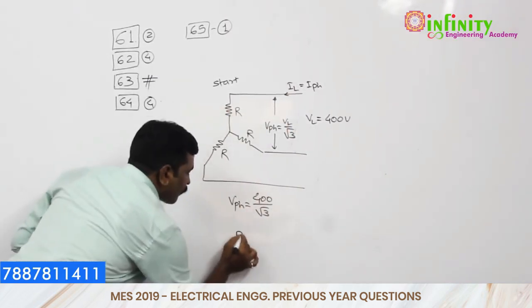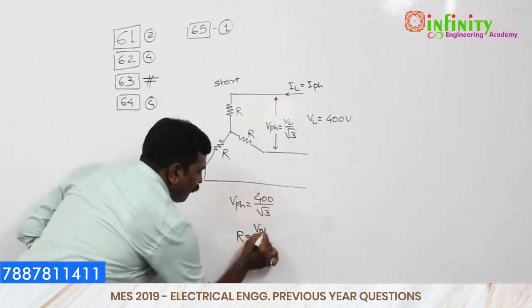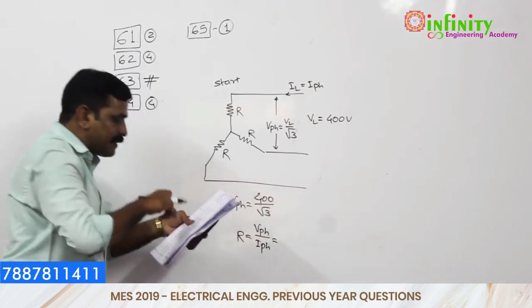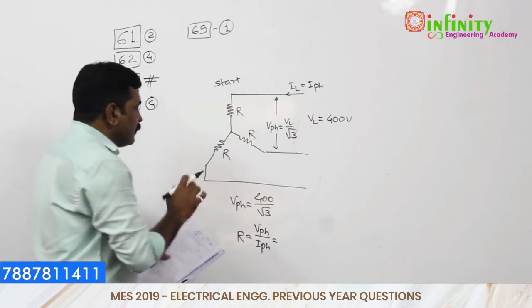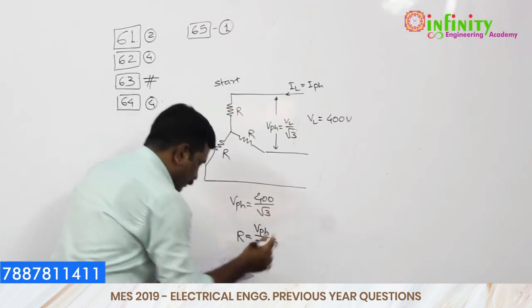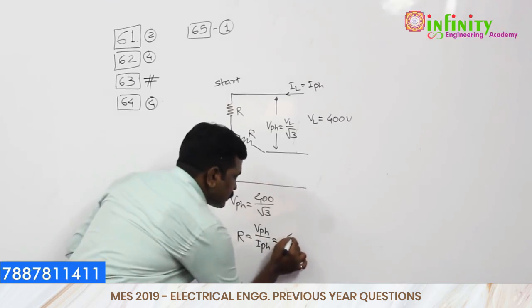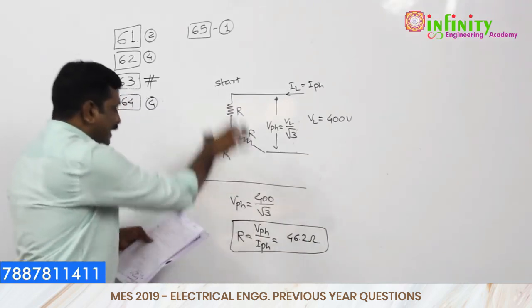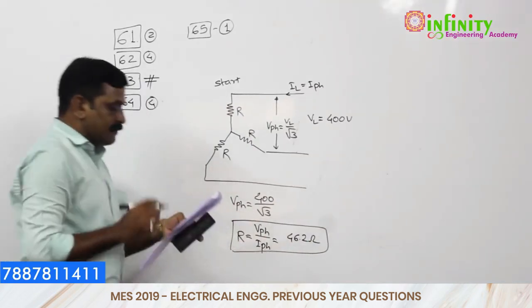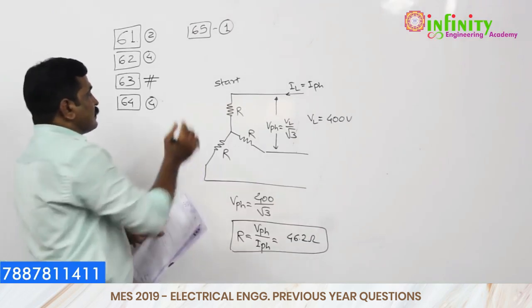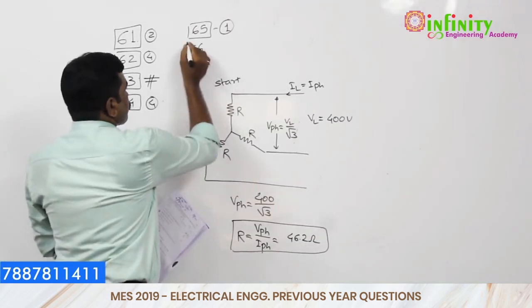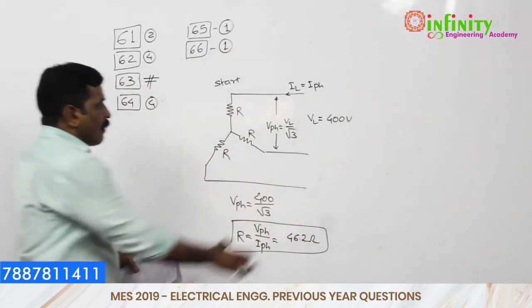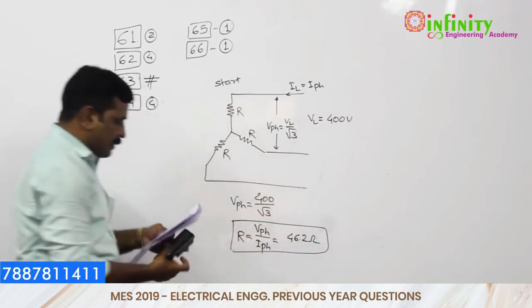So value of R is nothing but the phase voltage divided by phase current. If you put all these values, we get the value of R, which is nothing but 46.2 ohm. So after simplification and calculation, this is the answer for question 66, and the answer key is 1. After putting all these values, we will get the idea.